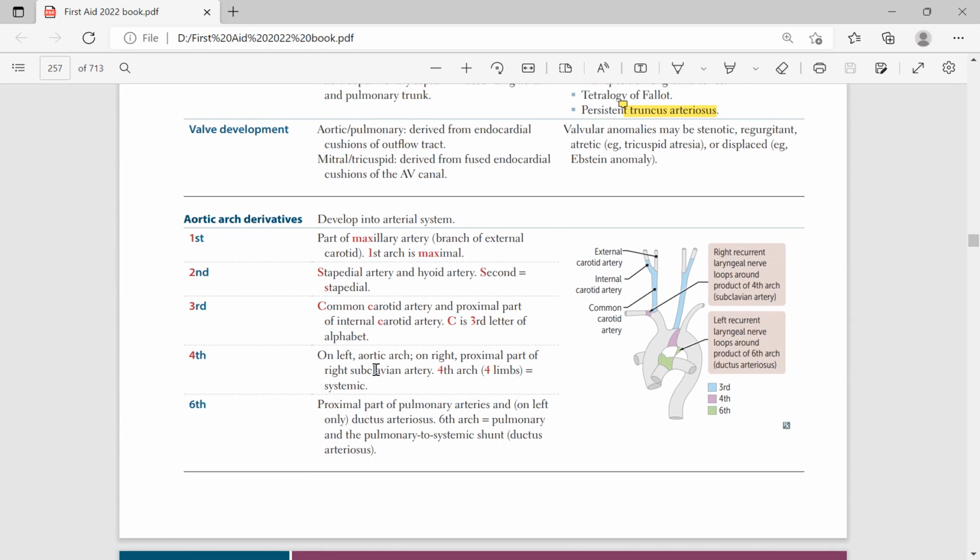Okay, let's go to the aortic arch derivatives, which is very important for your exam. First aortic arch: part of the maxillary artery, a branch of the external carotid artery.